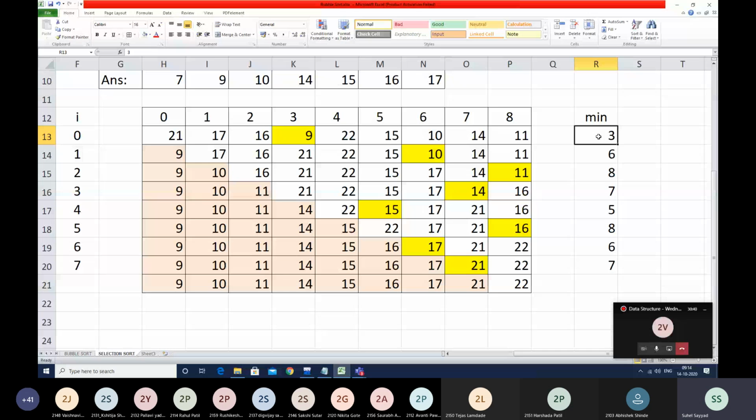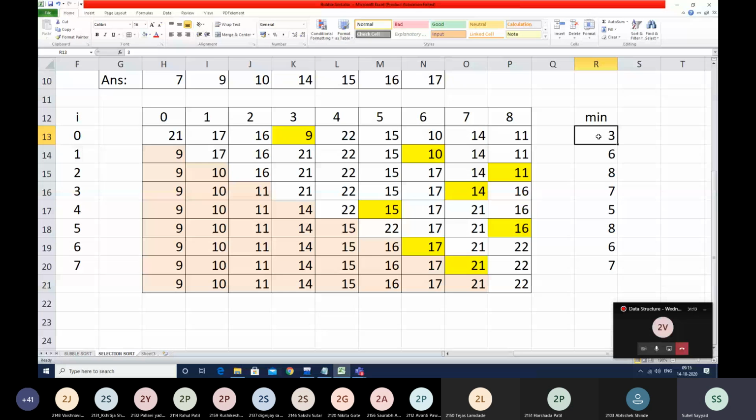Whether A of 6 is less than A of min, whether 10 is less than 9, no. Whether A of 7 is less than A of min, whether 14 is less than 9, no. Whether A of 8 is less than A of min, whether 11 is less than 9, no. I will not change my min. And this is how I find my final value of min as 3.